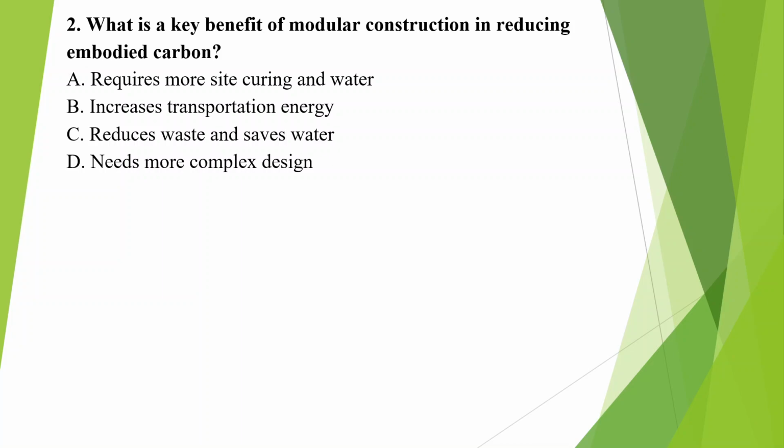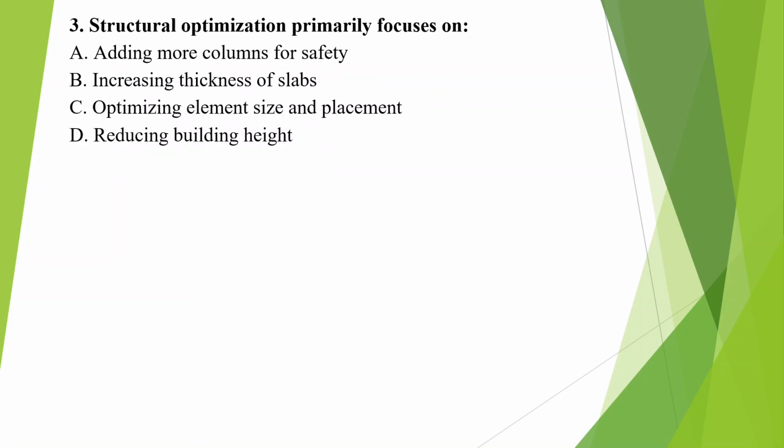Fine. So let's move to the third question then. Here is the third question in front of you all. The third question is asking that structural optimization primarily focuses on... so it is talking about the optimization of structurals. So what should be the correct answer for this question?